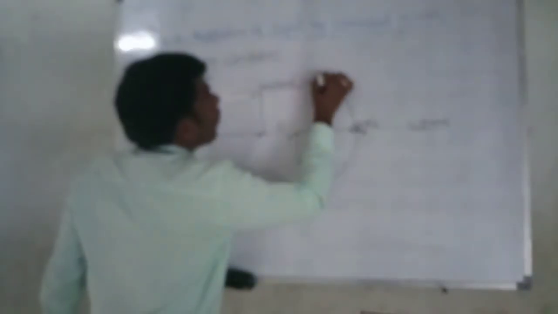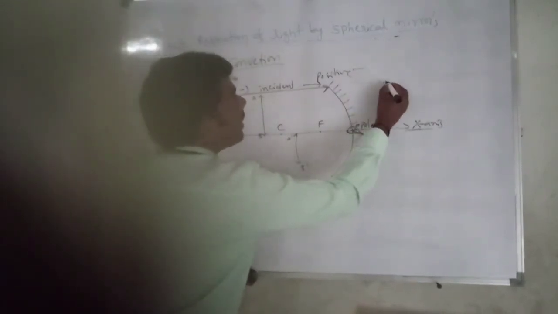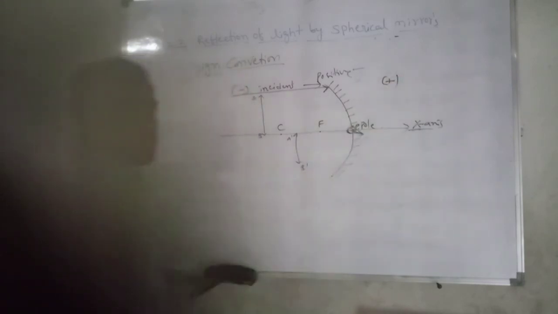The incident ray is taken as positive. In this case, the left side of the incident ray indicates negative, and the right side indicates positive.